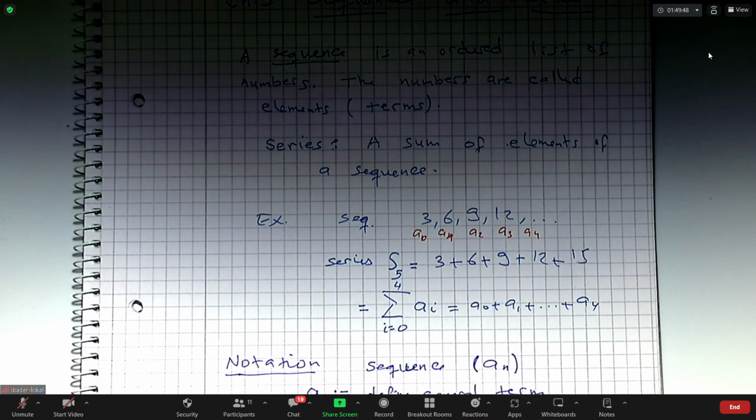Okay, so in some other literature, you might see something like a_n, and here you have n in N or whatever. Sometimes you see a_n, and here you see n equals 0 to infinity or whatever.